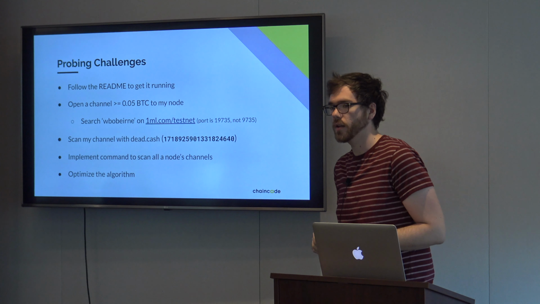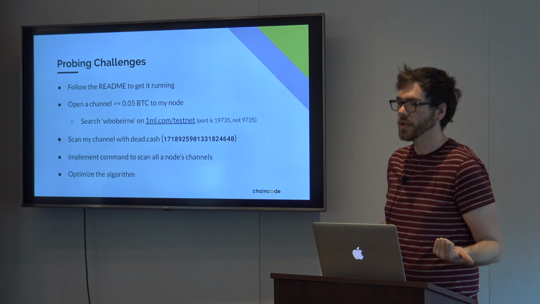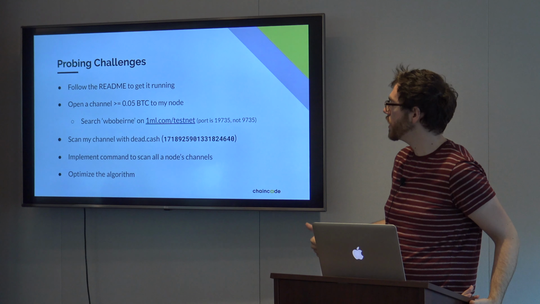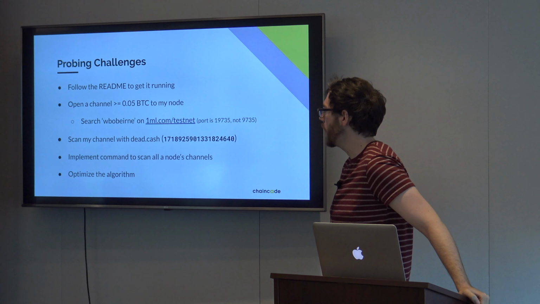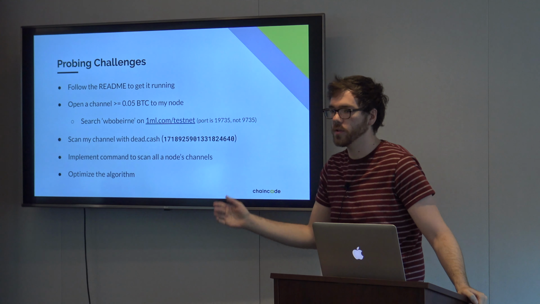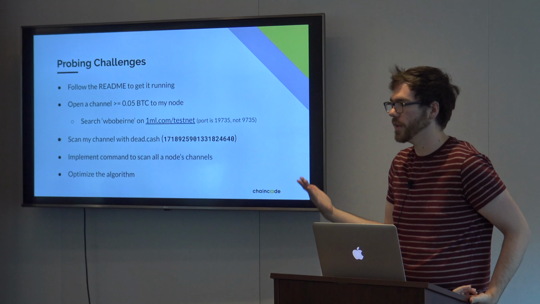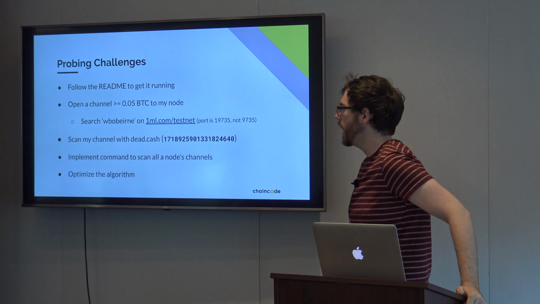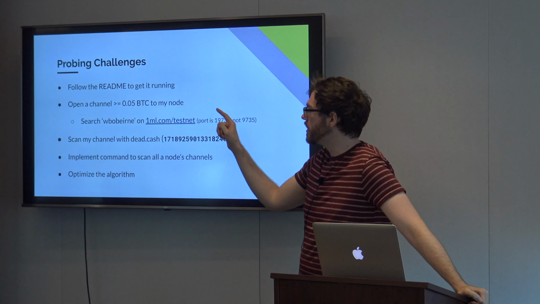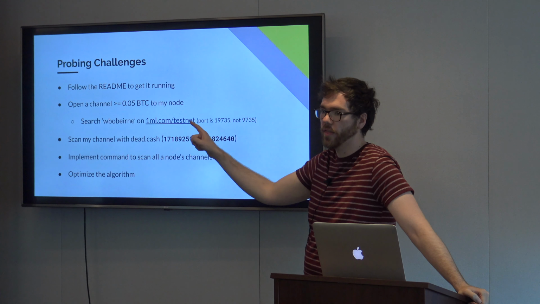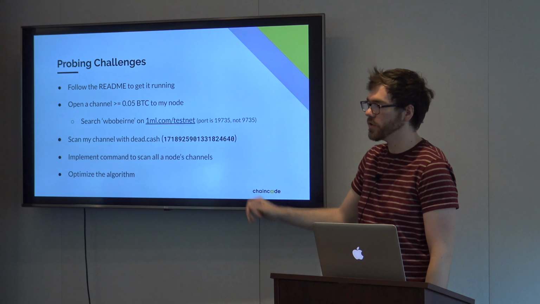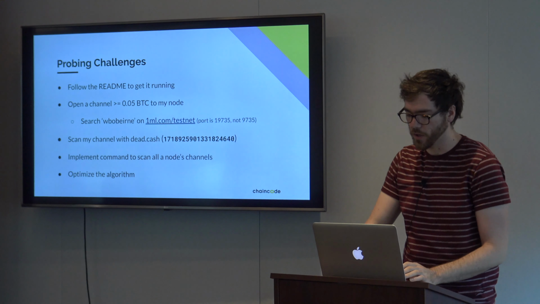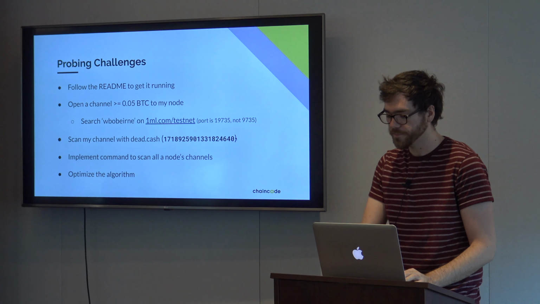I dropped a link in the chat yesterday, but you could just search for me there, and make sure you connect to the right port. For some reason, 1ML just uses the default port, even if you're not using the default port. And I want you to scan my channel with this node here, dead.cache. There's a channel ID conveniently for you. I'll paste that in the chat as well.